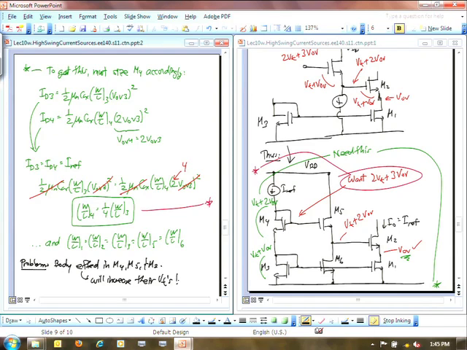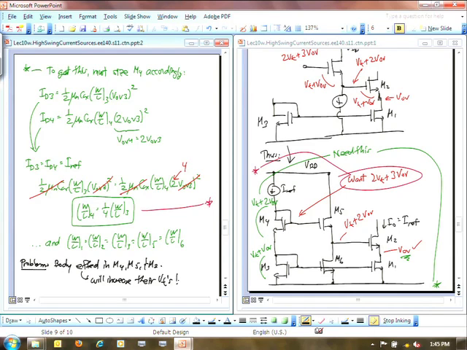And so finally, what I'm going to have at this node right here is VT3 plus VT4 minus VT5, it's going to be minus a VT of 2, and then finally plus 1 overdrive voltage.